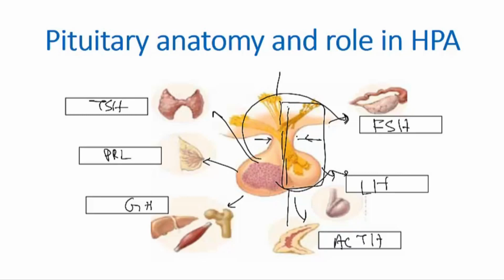Okay, and this region of the posterior pituitary gland is only responsible for releasing different neurohormones. Okay, and these neurohormones are ADH or antidiuretic hormone, which is also known as vasopressin, and it also produces oxytocin.